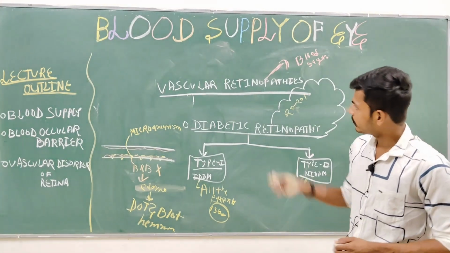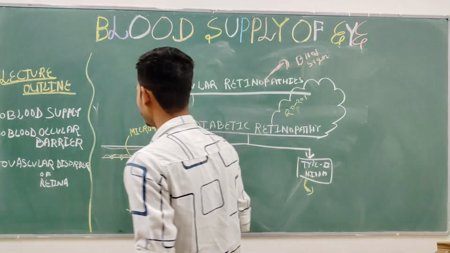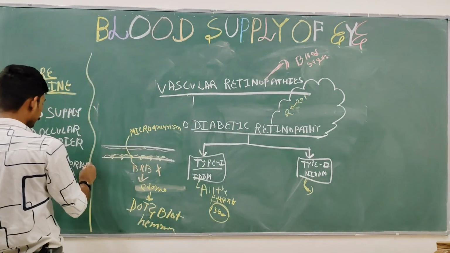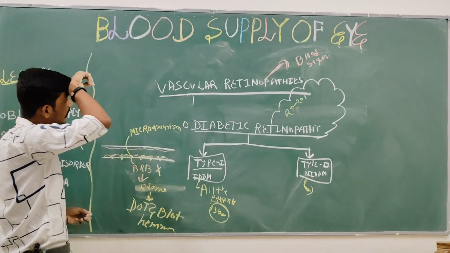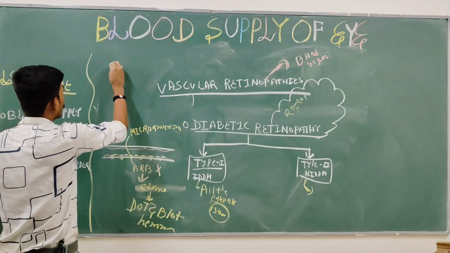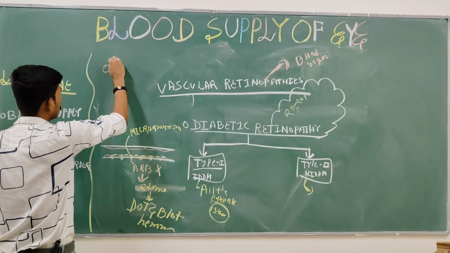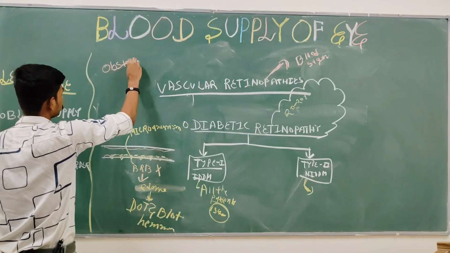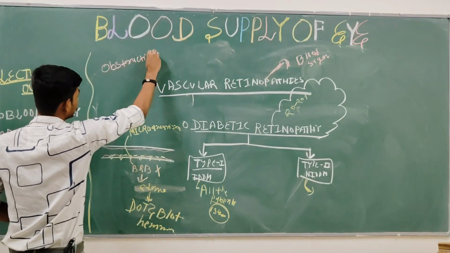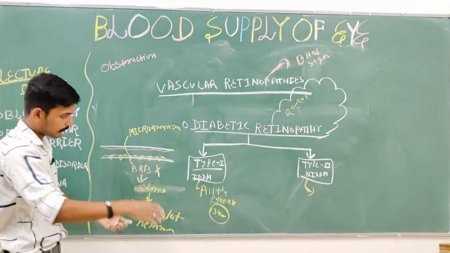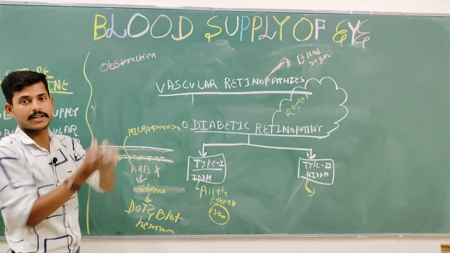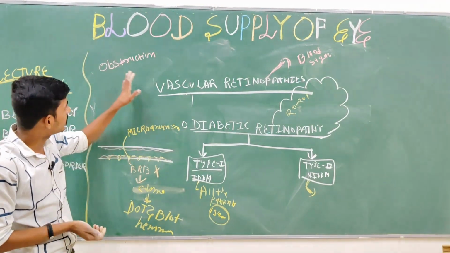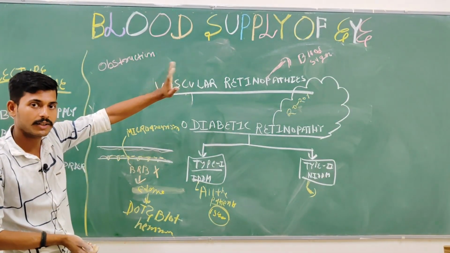Now, apart from the vascular retinopathies, there are some vascular disorders in which there is a direct occlusion, or obstruction. Suppose you have seen that from the arch of the aorta there is the carotid artery, and they give off the ophthalmic artery.